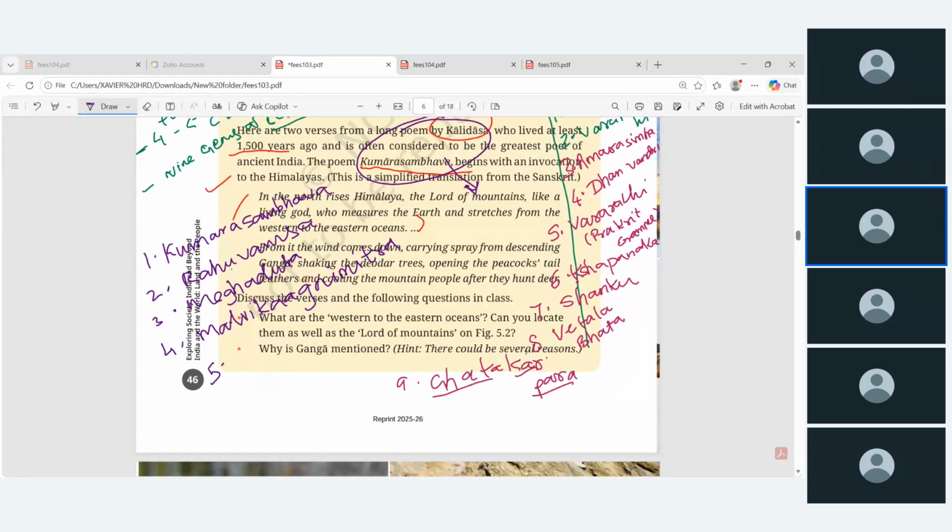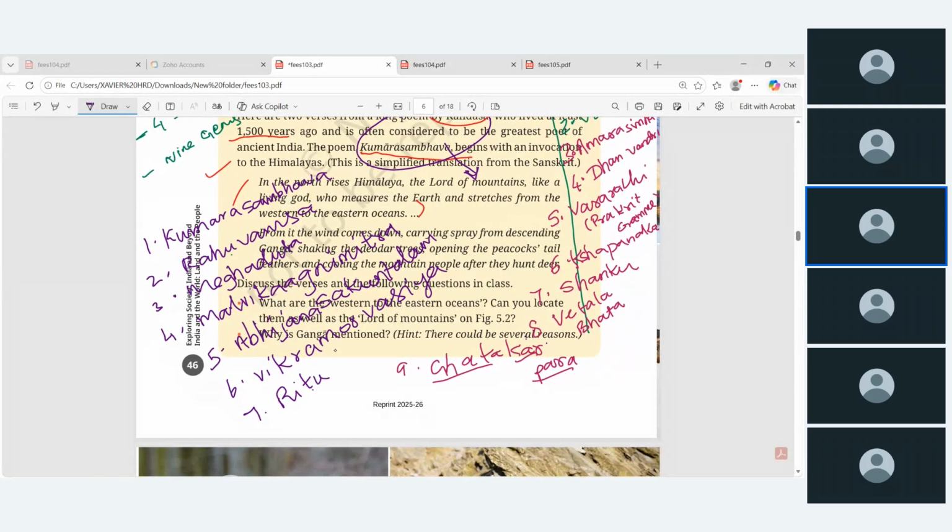Then Abhijnana Shakuntalam. Abhijnana Shakuntalam. Then Vikramorvashiya. Vikramorvashiya. Then Ritusamhara. These are the major contributions by Kalidasa.